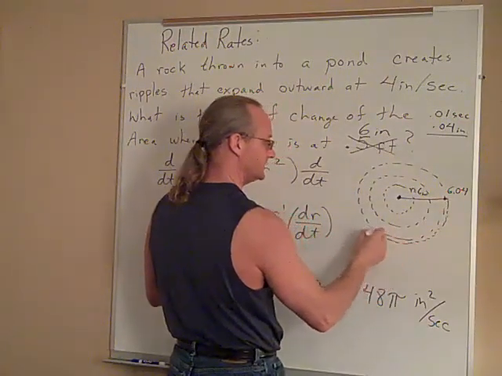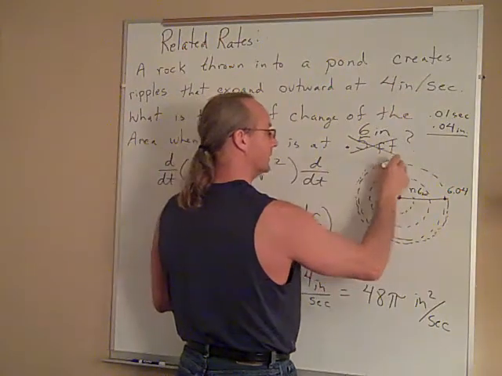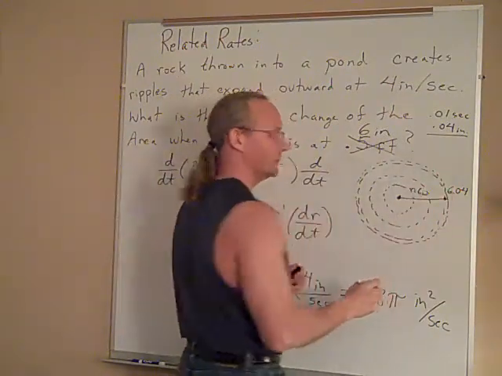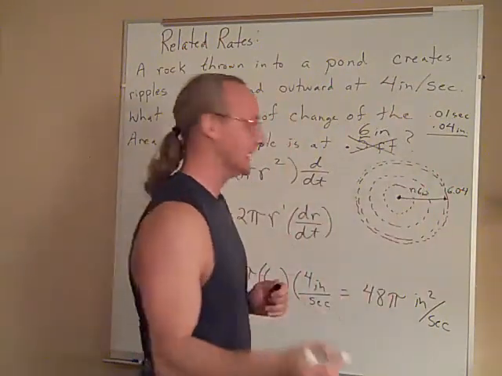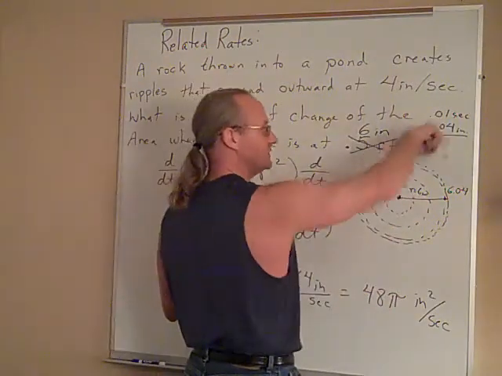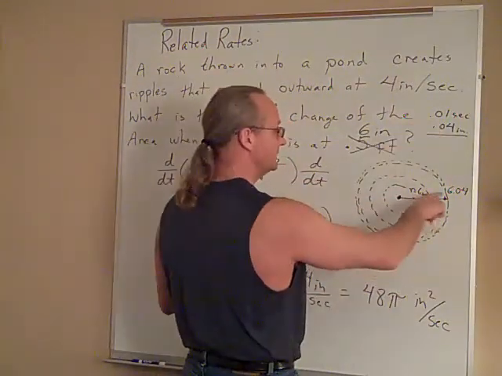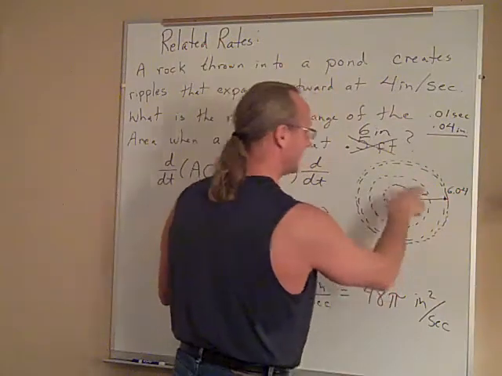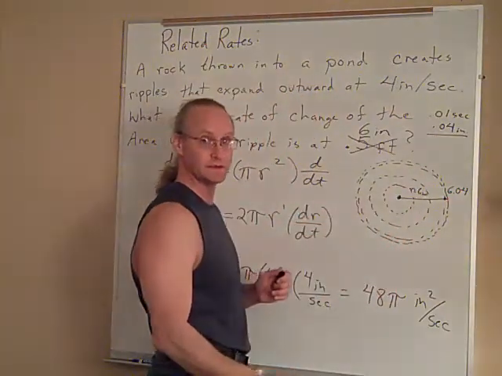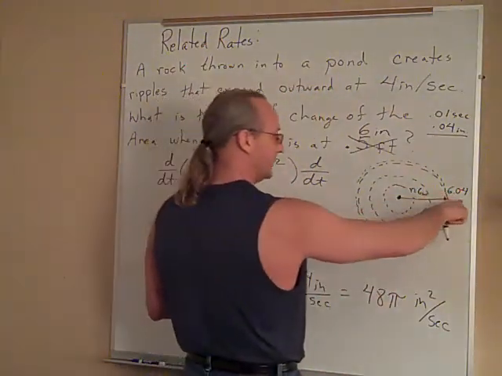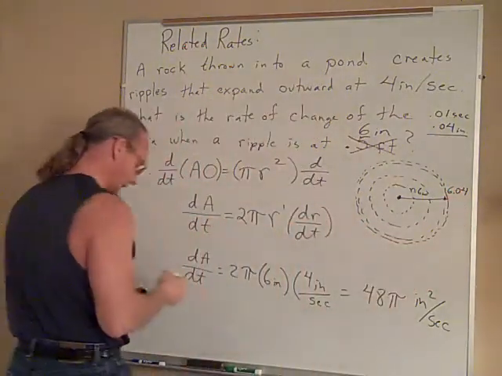There's a little tiny change here. And what I'm going to do is look at the change in my area over the change in time. Now to do that, I have to find the area. Now the area at 6 inches is easy. That's 36 pi. At 6.04, I'm going to have to do the multiplication.